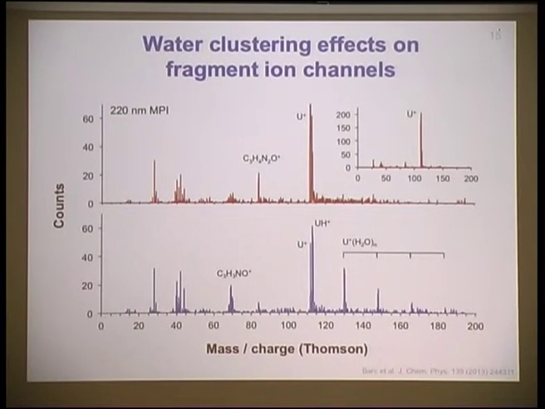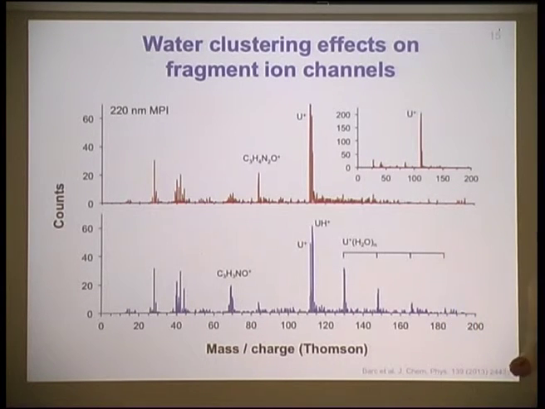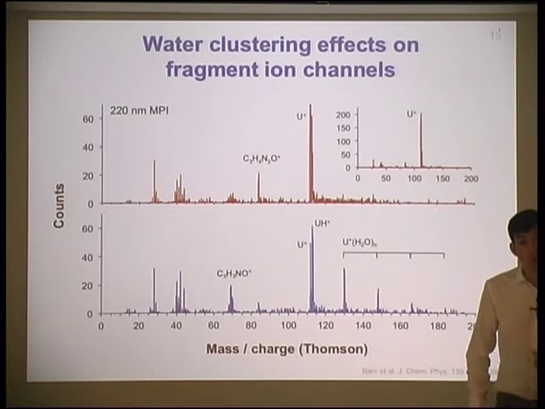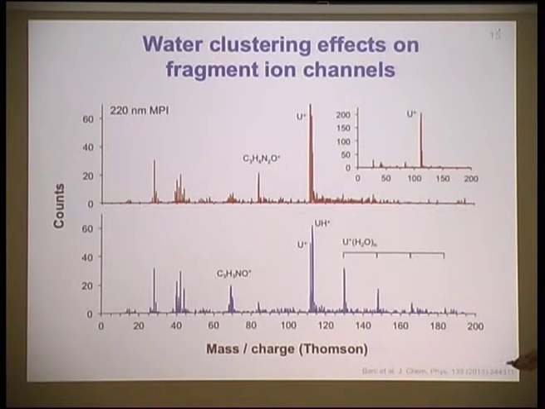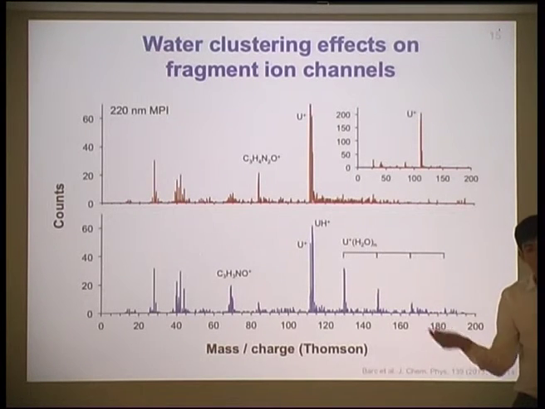And in general, we see a relative enhancement of fragment ions that don't need a very high energy to initiate them due to clustering, and that's at the expense of some of the ions that need more energy. And we understand that as being associated with energy loss from the molecule due to the evaporation of associated water molecules. However, our new peak at 84 is an exception to that.